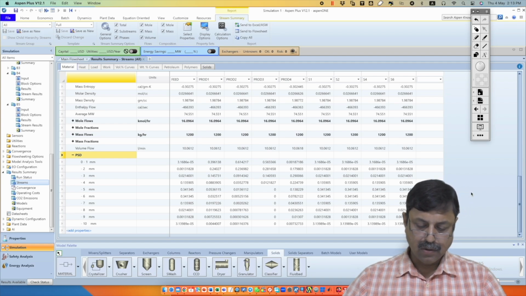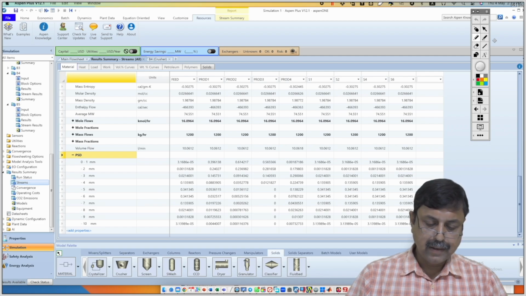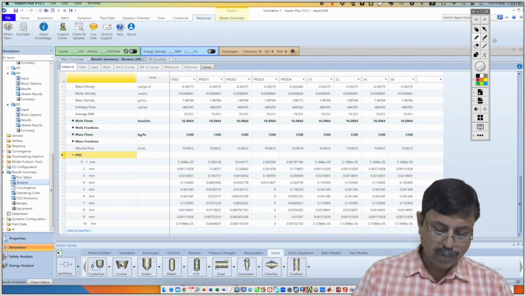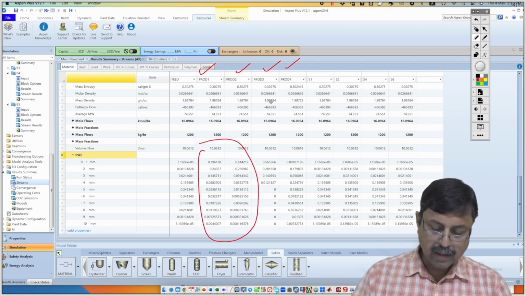So you have it over here. So these are the results of 4 products, the product 1, product 2, product 3, product 4. Product 1 and 2 we have already discussed, and these are the product 3 and product 4. Product 3 is for gyratory crusher and product 4 is for ball mill.